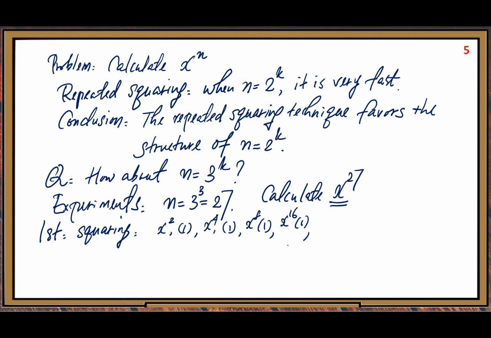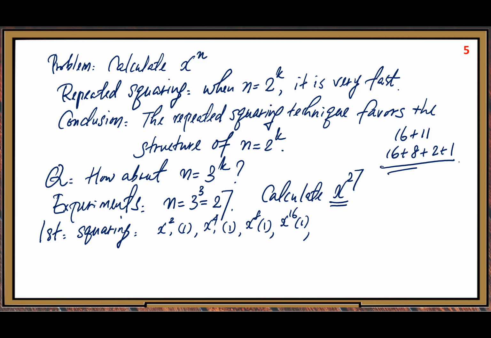Then, how to get 27? 16 plus what number is 27? 16 plus 11. 11 equals 8 plus 3. 3 equals 2 plus 1.